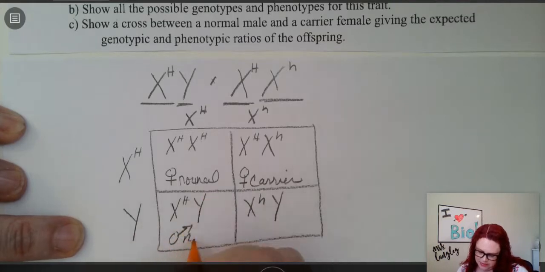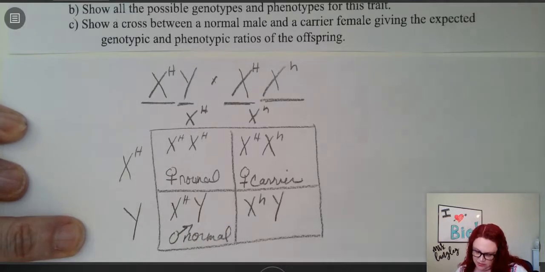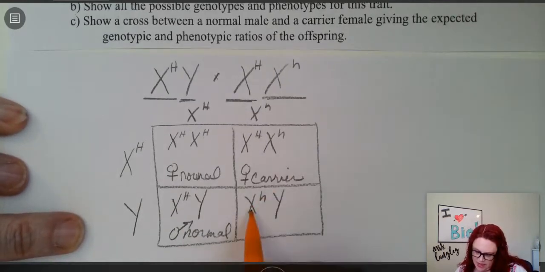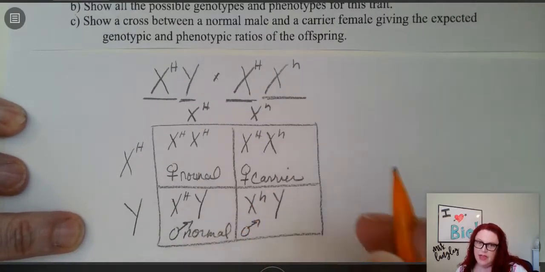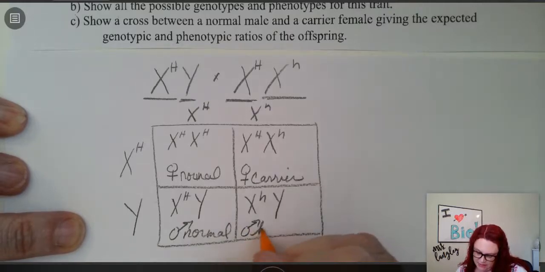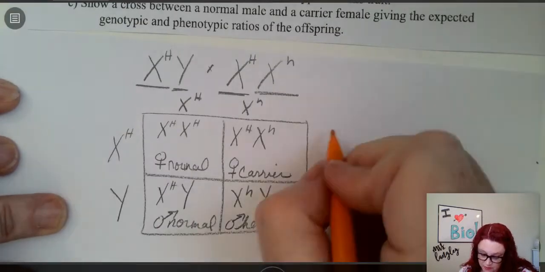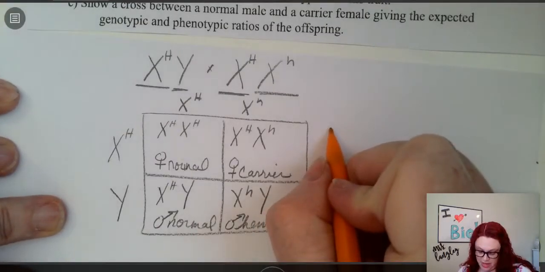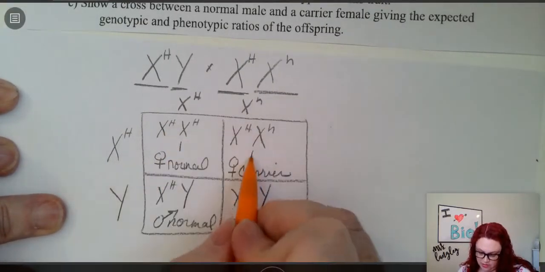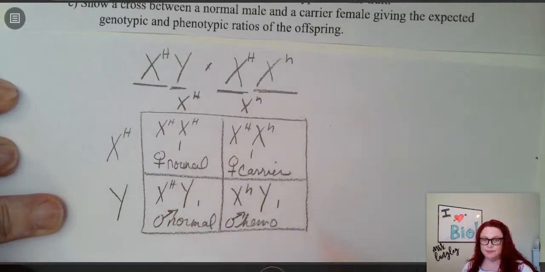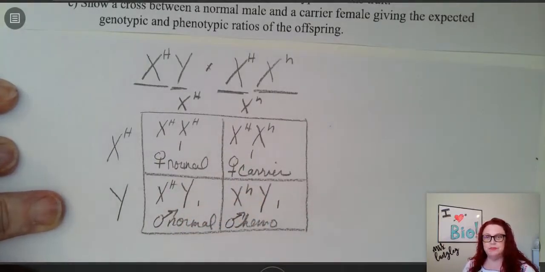And the capital means normal. And then here we have XY, which gives me male. And this one is hemophiliac. So for our genotypic and phenotypic ratios, we're going to have 1 to 1 to 1 to 1 for each.